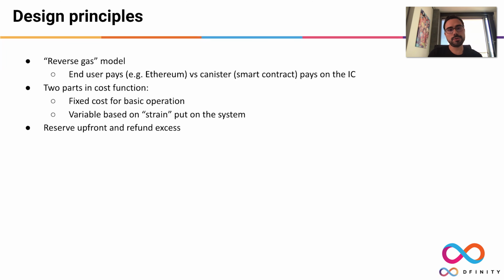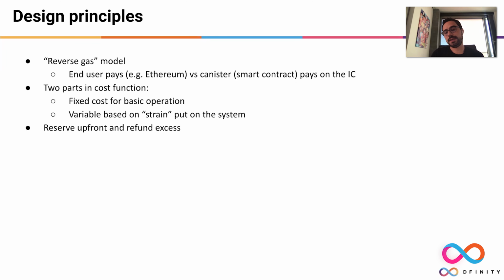There is a fixed cost for the basic operation, so for example, when you send a message, sending the empty message, and there's usually a variable cost, which represents the strain that you put on the system. So again, in the example of sending a message, if you send a larger message with more bytes, that would generally result in a bigger cost.